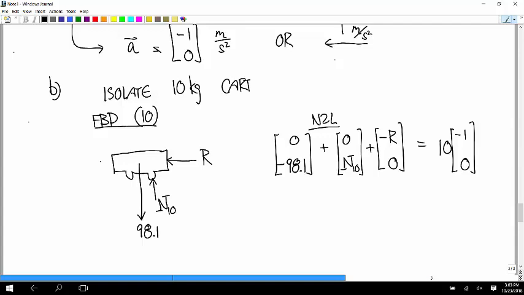Okay, so this gives us two equations. The x equation says 0 plus 0 plus negative R is equal to negative 10. Solve that algebraically for R, and it just says that R is equal to 10 newtons.